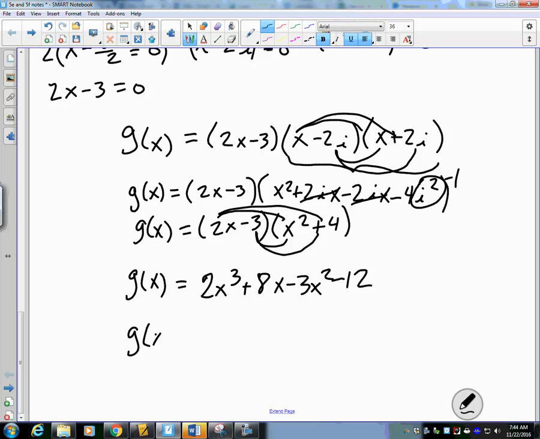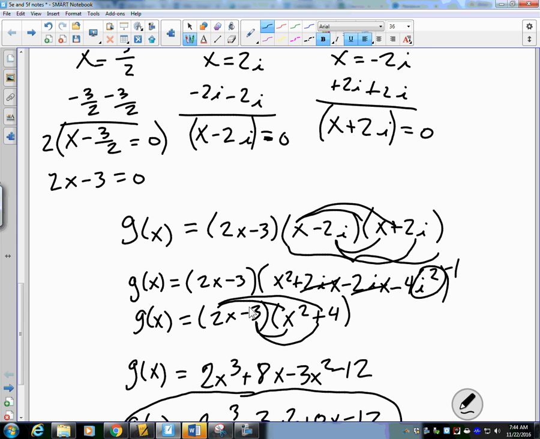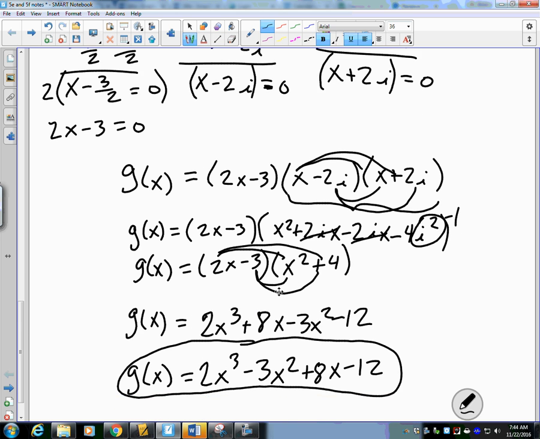So 2x to the third, degree 3, to degree 2, to 8x to the first, so plus 8x, and subtracting 12. If I were to graph this polynomial, it will have an x-intercept at 3/2, and then there'll be two imaginary zeros that obviously we cannot see, but two imaginary zeros also.